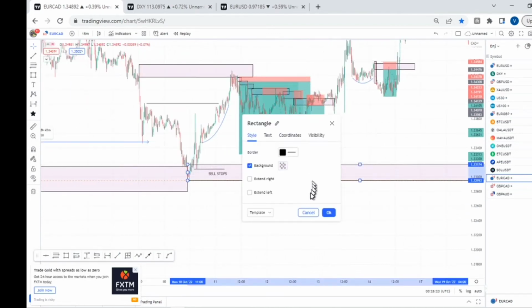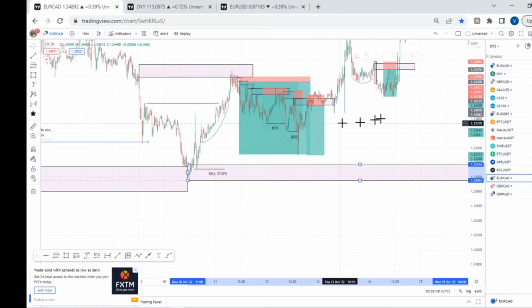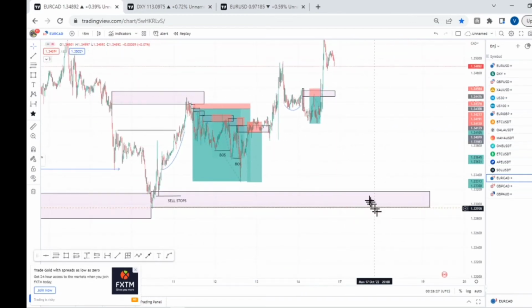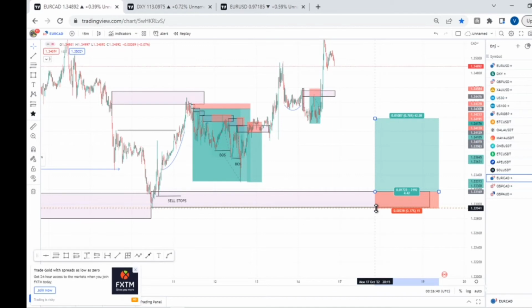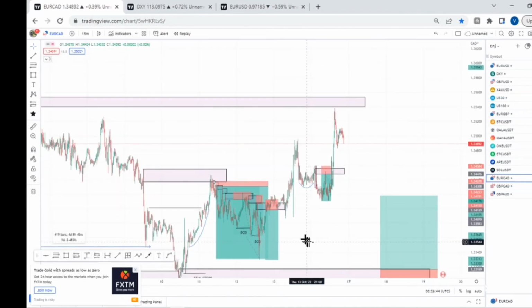So whenever price gets to this other block, we'll go for a buy at this point, targeting the nearest highs, whichever nearest high price forms before getting to the other block. That's what will be our target.